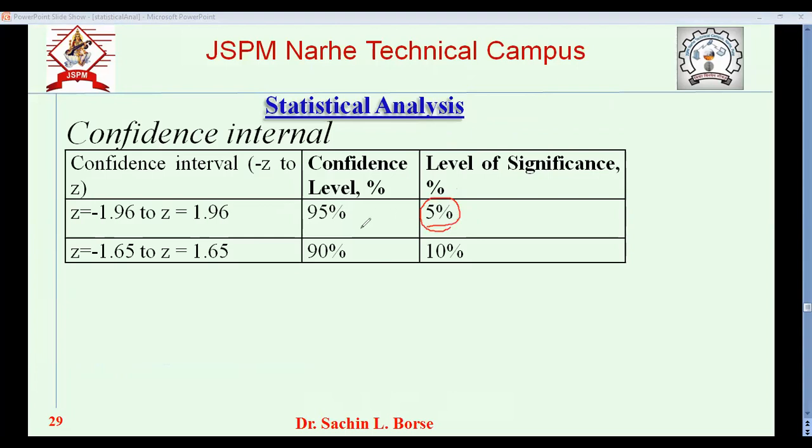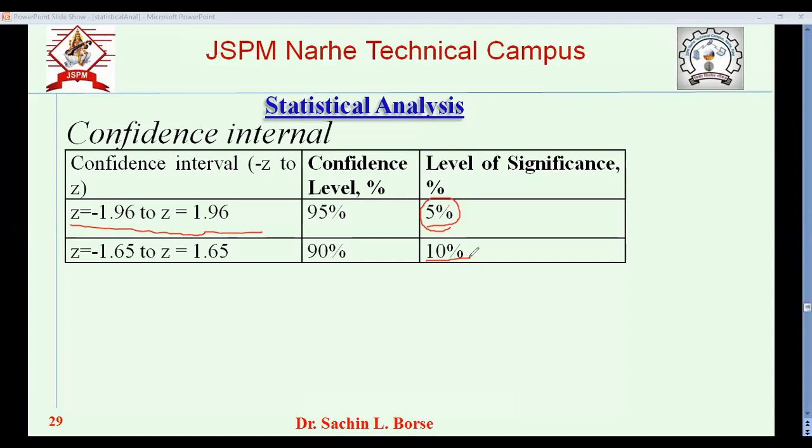From the table you need to find the range of Z. If you want a level of significance of 5%, your Z value will change from minus 1.96 to plus 1.96.